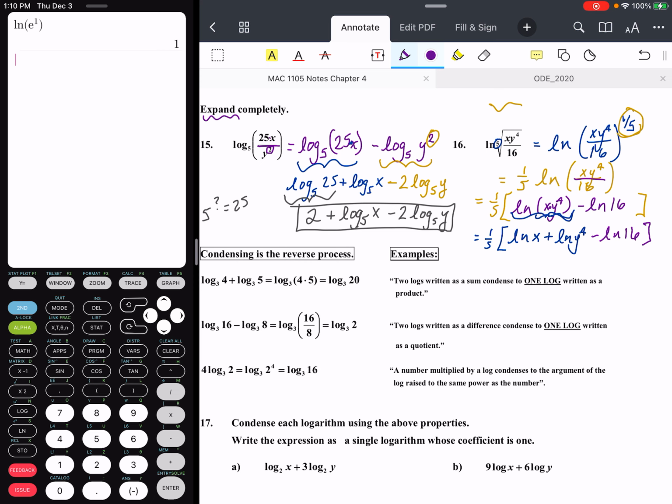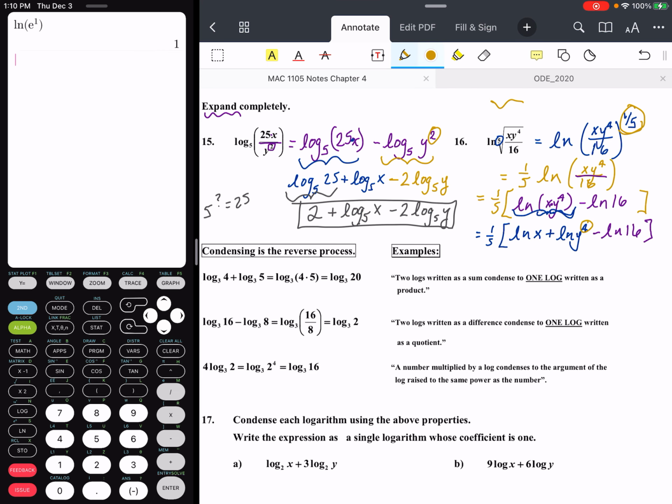And the last thing that I need to do, well, second to last, I can go ahead and pull forward that 4 just in front of that single natural log. So I've got 1/5 times the natural log of x plus 4 times the natural log of y minus natural log of 16.